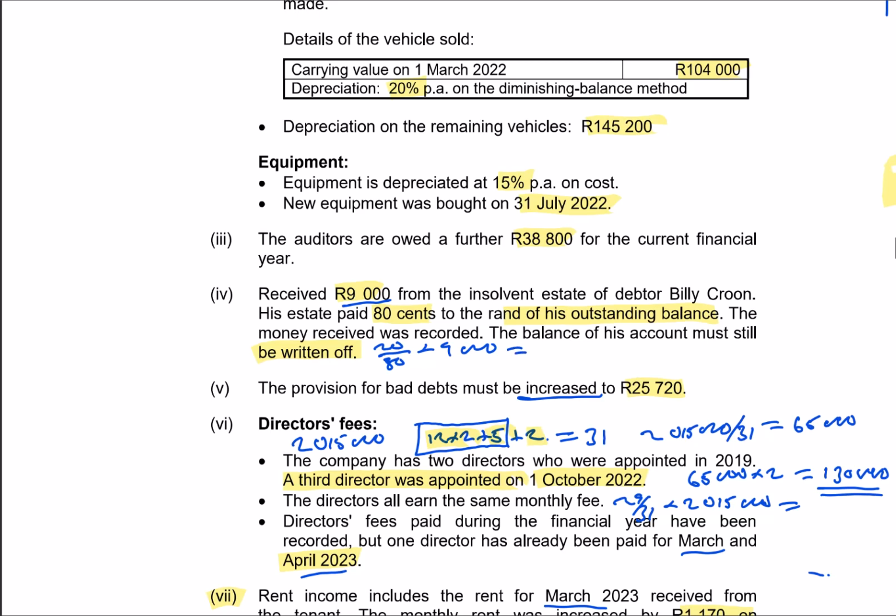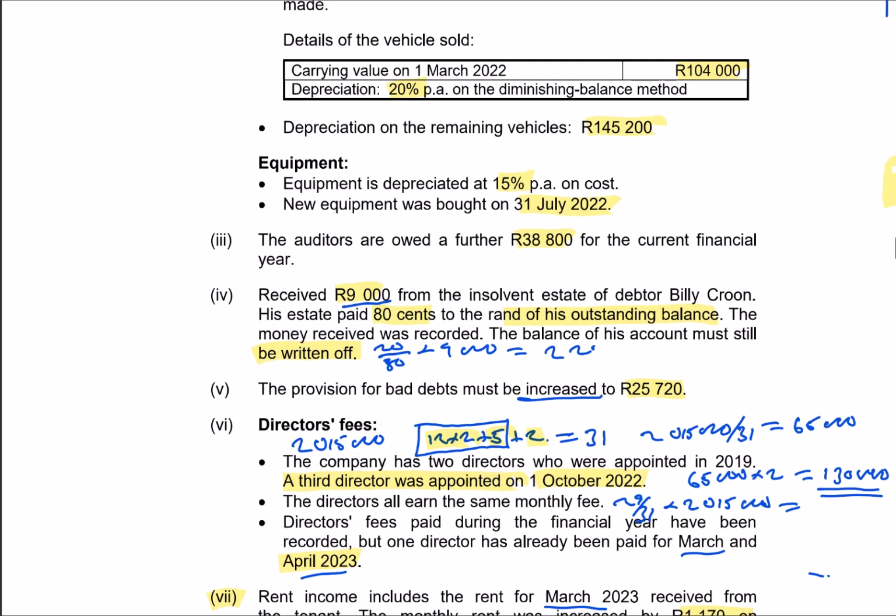This will give you 2,250. That's the additional bad debts.